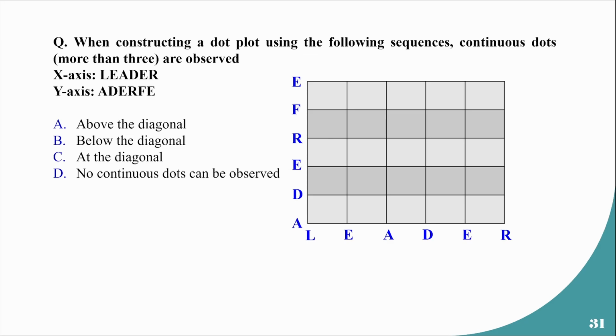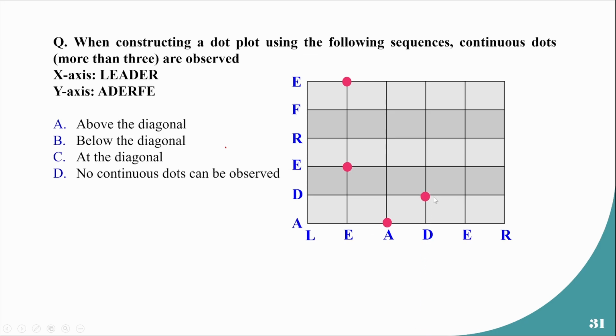So here, to get the dot plot, basically what you have to do is find the matching set of characters, right? For example, the first dot you can put at a place like this, where E and E are matching. Then another one is here, because again you see another E and E. Then here you can put A and A, for both of these sequences they are matching, right?